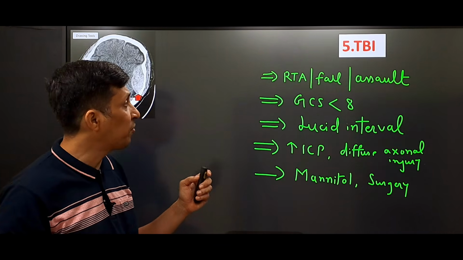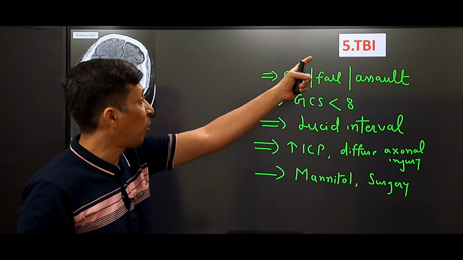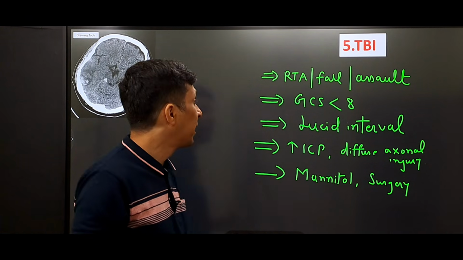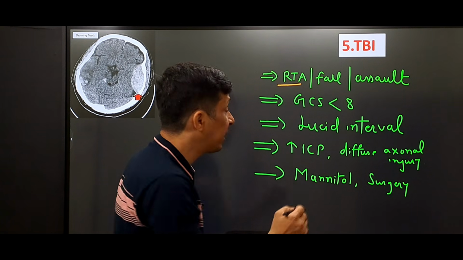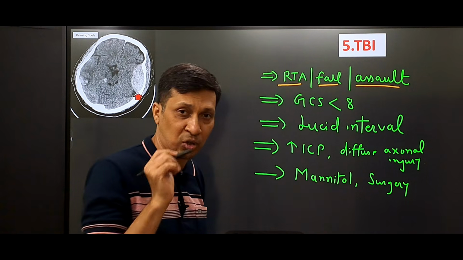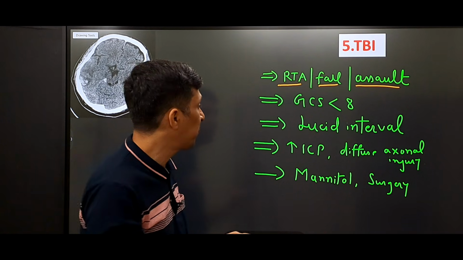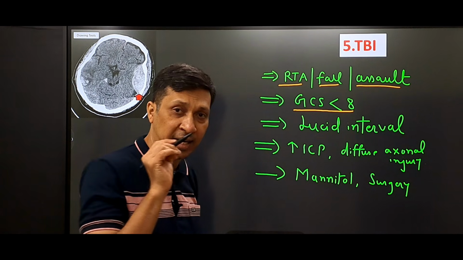Now the fifth and the last cause of unconsciousness is traumatic brain injury. Here you can get a history of either road traffic accident, fall from height, or an assault. Generally these patients have a Glasgow Coma Score of less than 8.